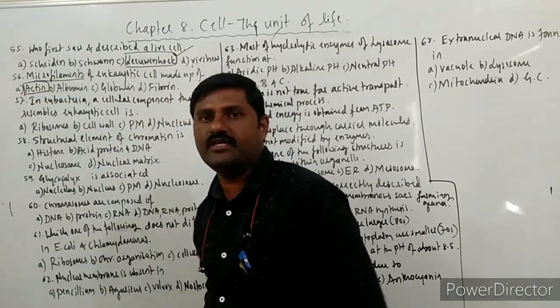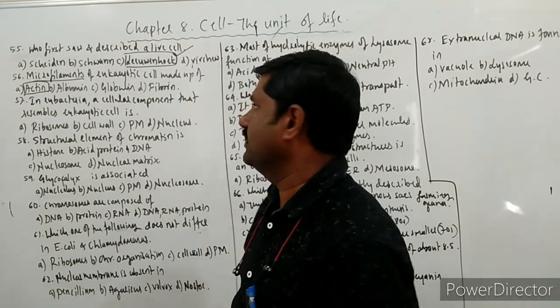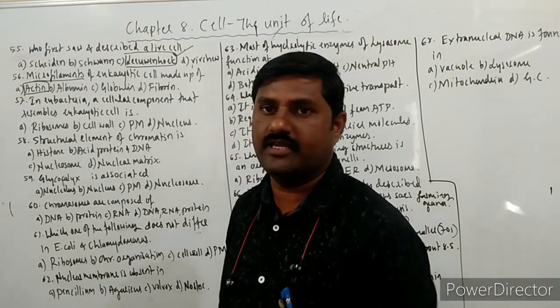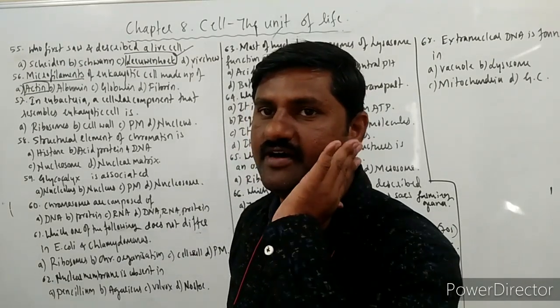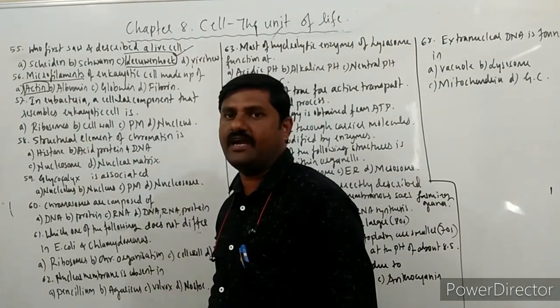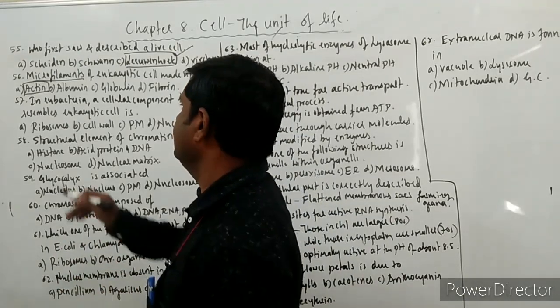Actin is the protein that makes the microfilaments, right? Microtubule is made up of tubulin protein. So microtubules are made up of tubulin protein, and microfilaments are made up of actin protein. Both together form the endoskeletal system of the cell.